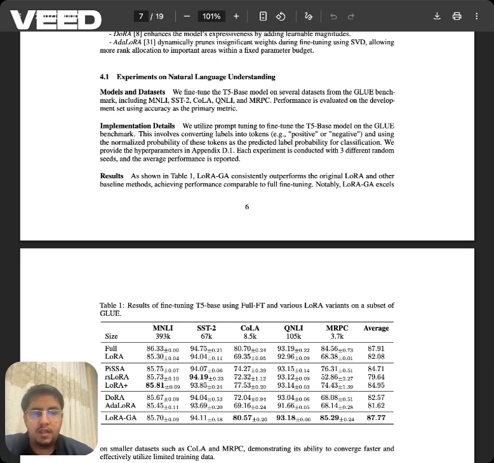And what we observe here on the basis of the outputs is that vanilla LoRA achieves an 82.08% average score. LoRA-GA achieves 87.77. And this is a roughly 5.5% improvement, which shows that LoRA-GA is performing much better than vanilla LoRA, whereas it's also very close to full fine-tuning.